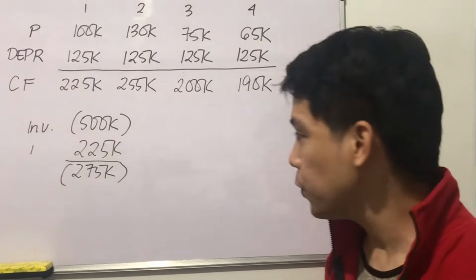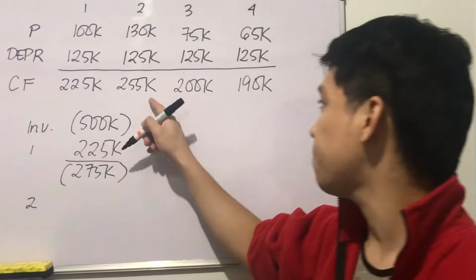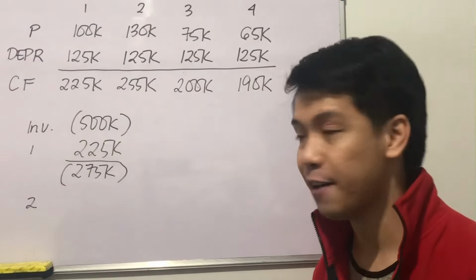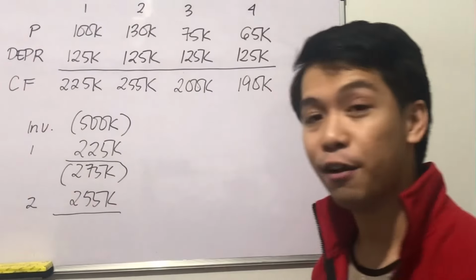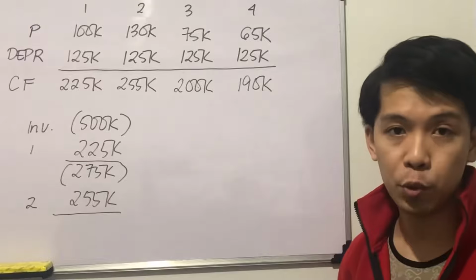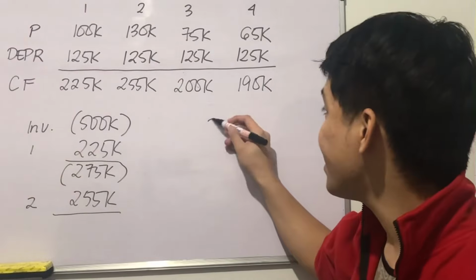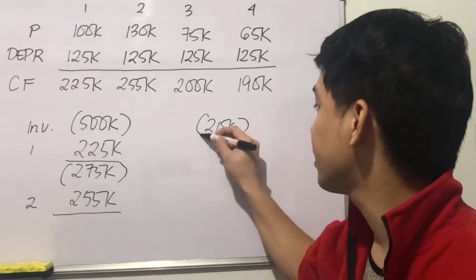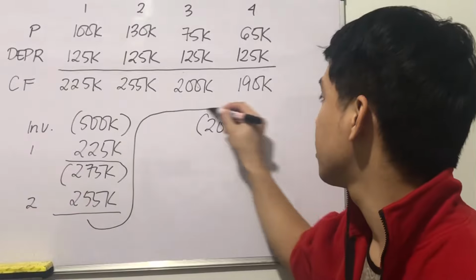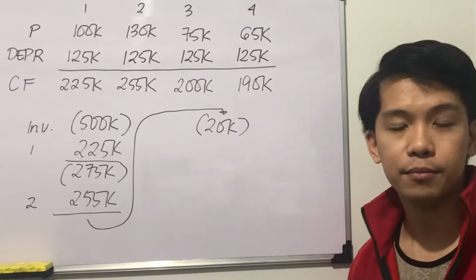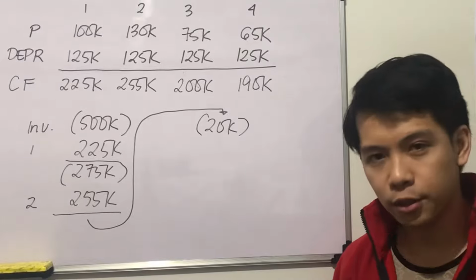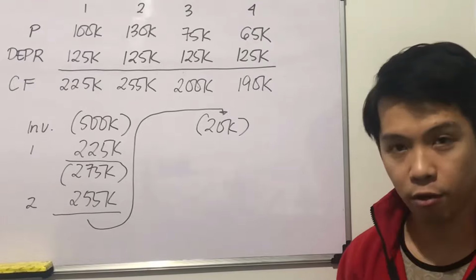Let's go to year 2. In year 2, it's expected to generate 255,000. By the end of year 2, we would still have unrecovered cash flows of 20,000. Now, there's 20,000 more to recover.